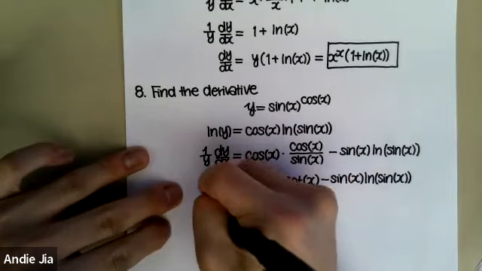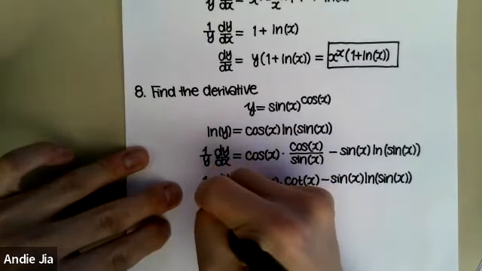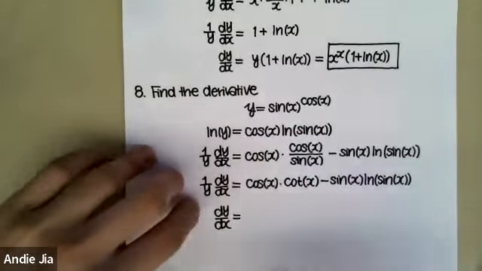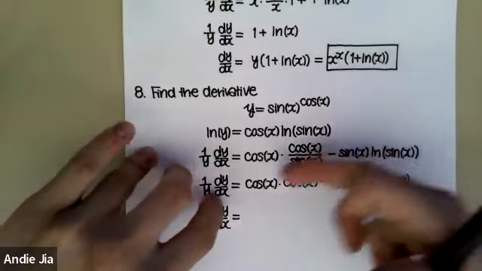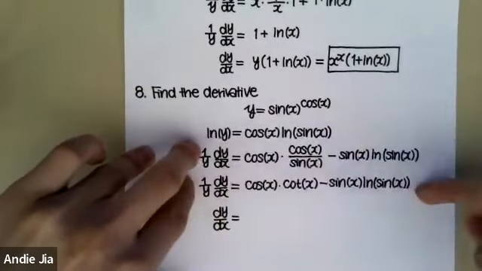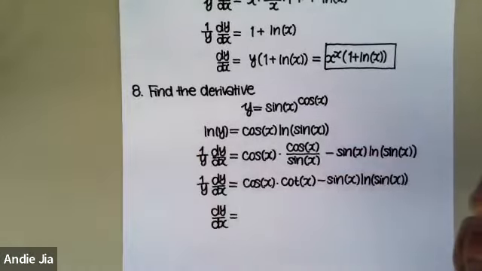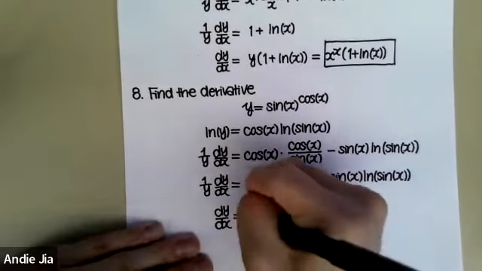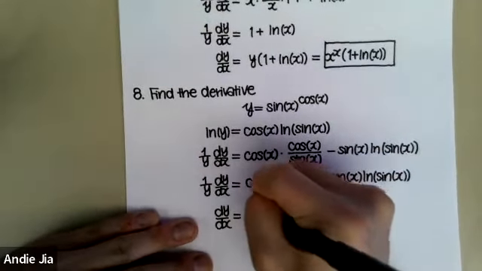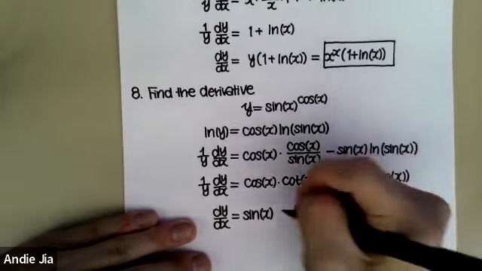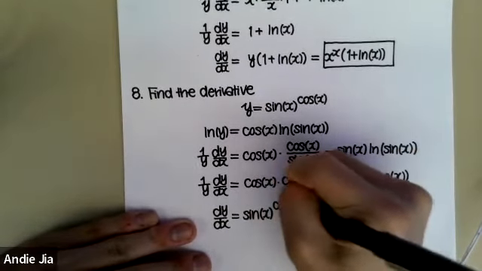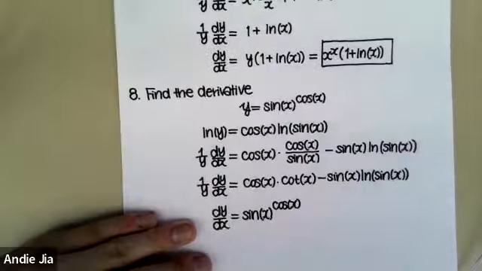And then for dy dx, just put the y back, so multiply the whole thing on both sides. The entire thing is sine of x to the power of cosine of x, times the bracket.